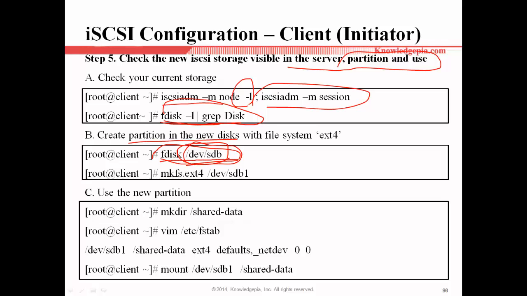Using fdisk we can create the partition sdb1, and create the file system with mkfs.ext4.